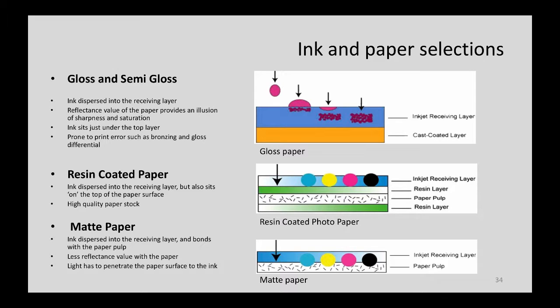So remember, the way we see colour or we see an image is that light bounces off from that colour or that object. So this is why it's quite different. Each of these papers has quite a different look, or we see the image quite differently on each of them.